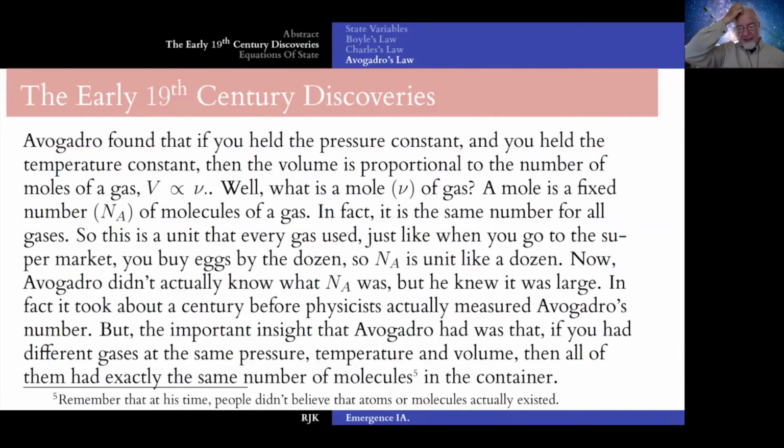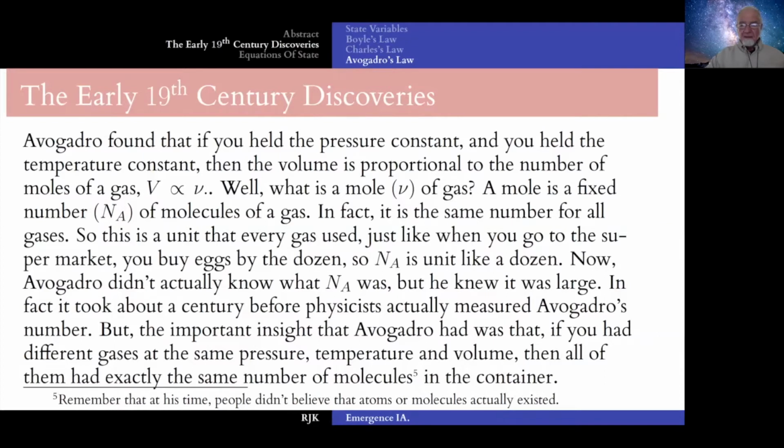The important insight that Avogadro had was that if you had different gases at the same pressure, temperature, and volume, then all of them had exactly the same number of molecules in the container. And you have to remember that at this time, people didn't believe atoms or molecules actually existed.